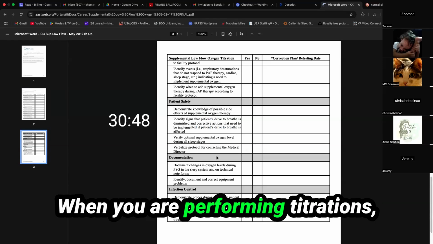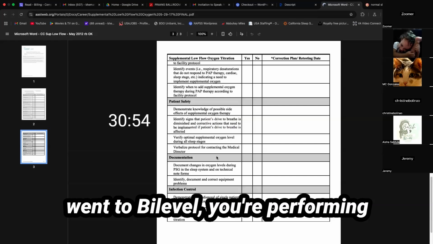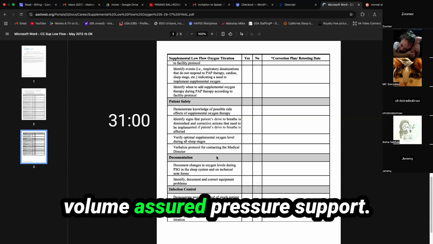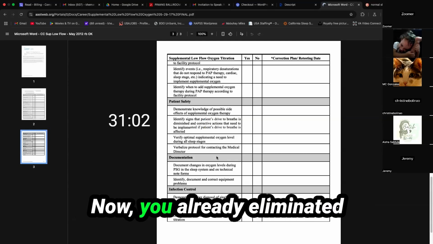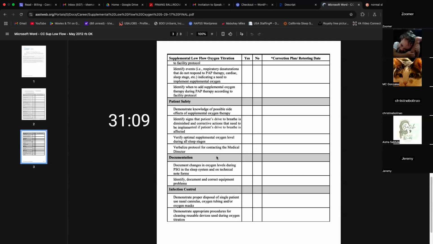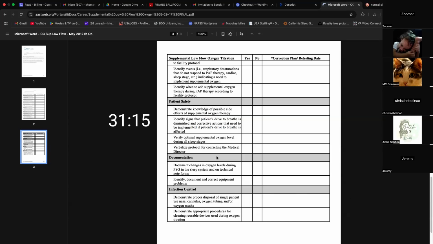When you are performing titrations, whether you're performing CPAP, you went to bilevel, you're performing bilevel ST, or even ASV, or even VAPS, volume assured pressure support. Now, you already eliminated the most important component. What is that most important component that you need to eliminate when you're doing titrations?